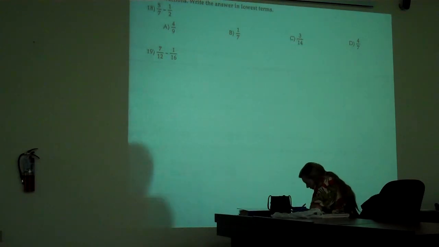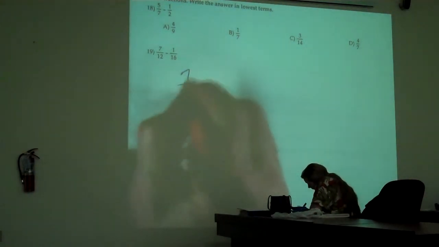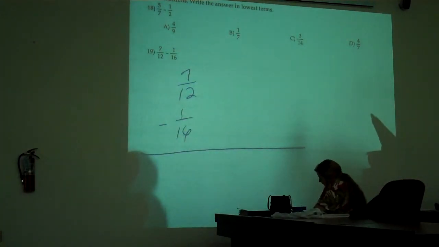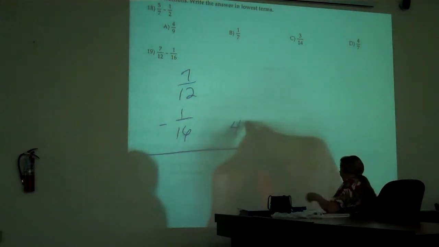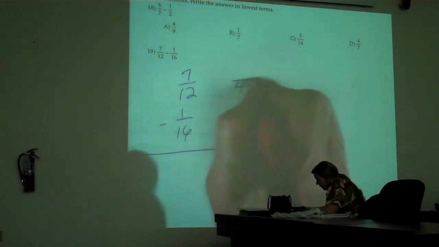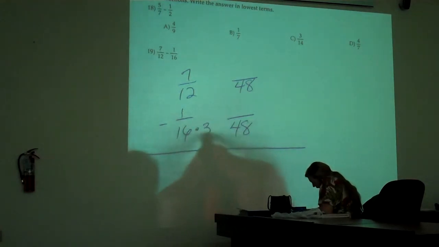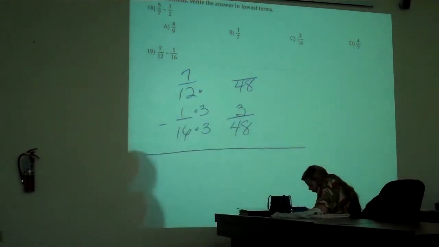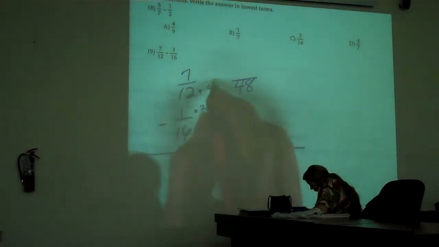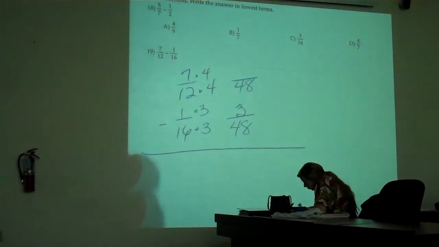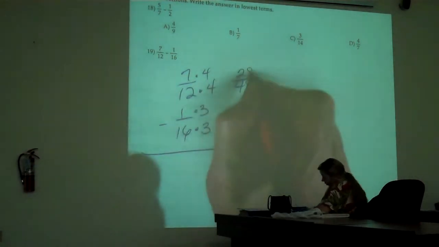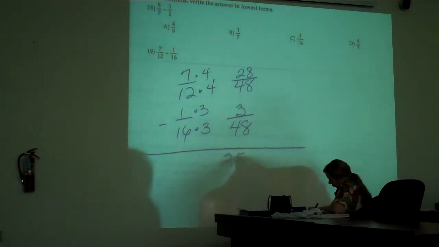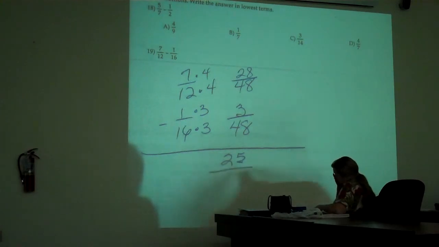12 and 16. That one's not simple, so let's go ahead and do it. What's the common denominator? 48. He did that in his head. 16 times 3 is 48. 1 times 3 is 3. 12 times 4. 7 times 4 is 28. 28 minus 3? 25 over 48.